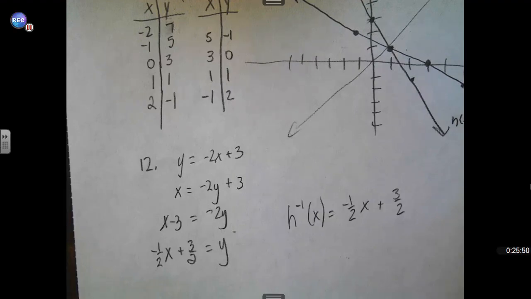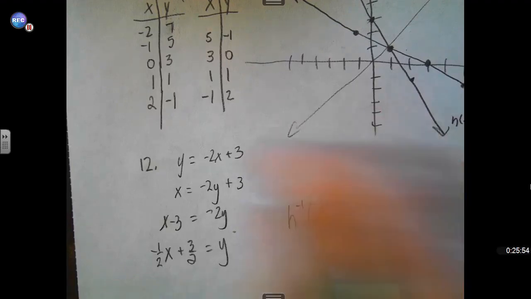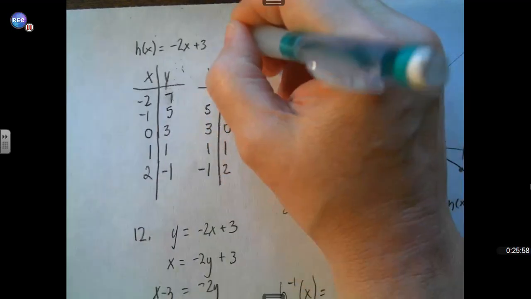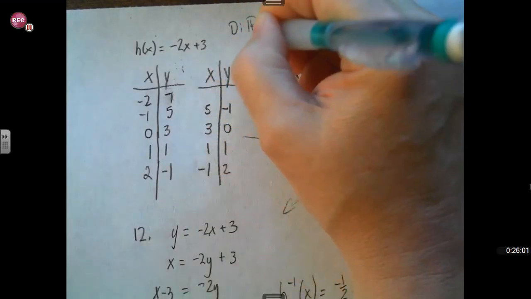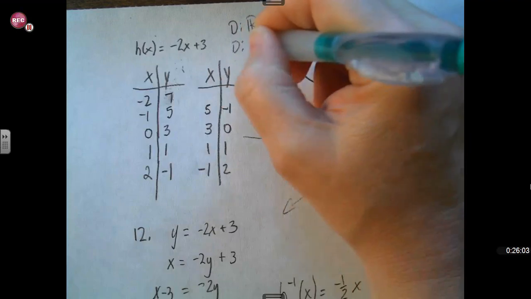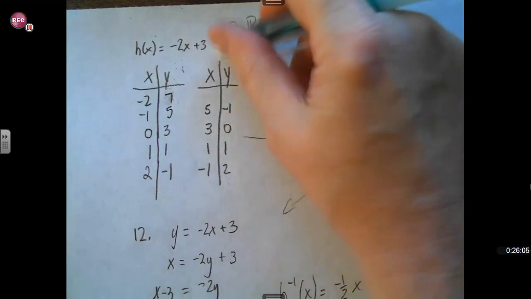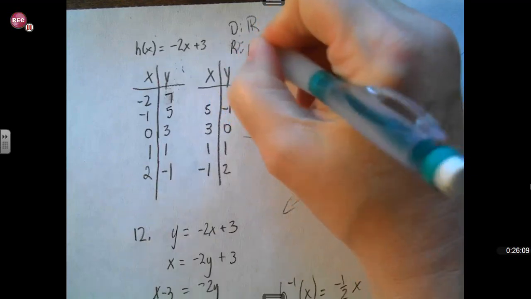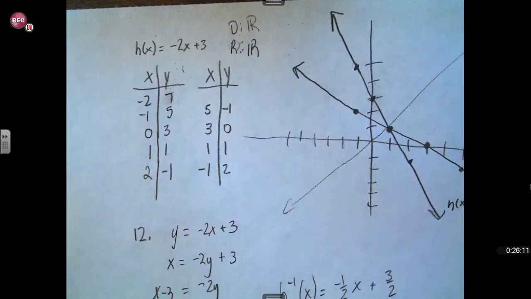And then it wants me to state the domain and range of the inverse. Well, it's not real interesting. It's a line, and the domain of the original line is all real numbers, and the range of the original line is also all real numbers. The domain of the inverse is all real numbers, and the range of the inverse is all real numbers.